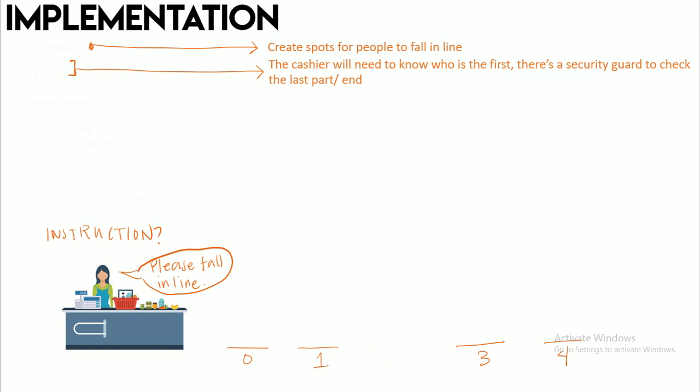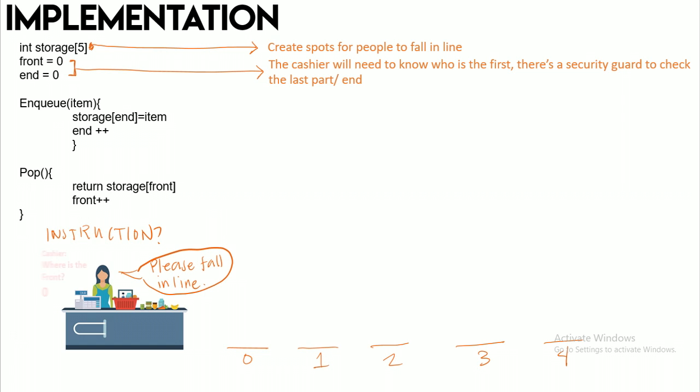For now, since there are no people, the cashier identifies the front as spot number 0. And let's also say that we need to hire a guard who will serve as a pointer. In our situation, he just checks and identifies where the end of the line is so that there will be order. For now, the guard identifies the end as spot number 0, same as the front, since there are no people yet.